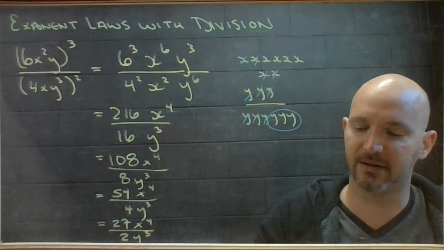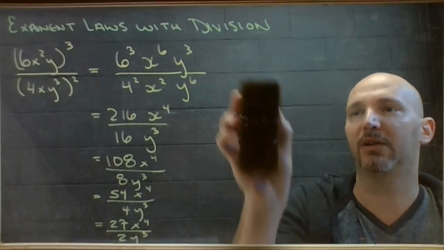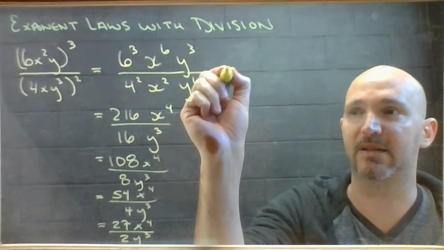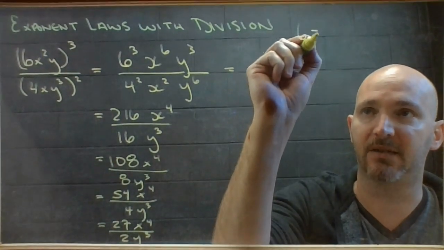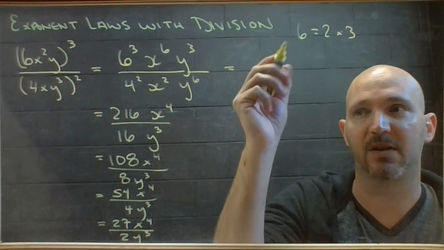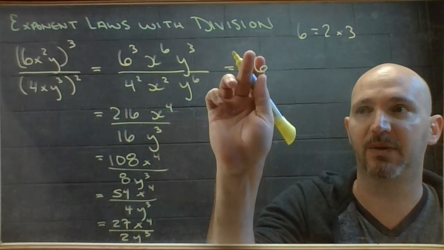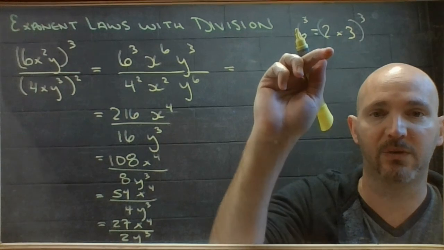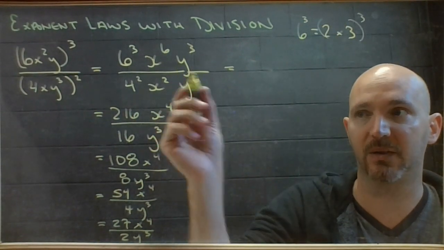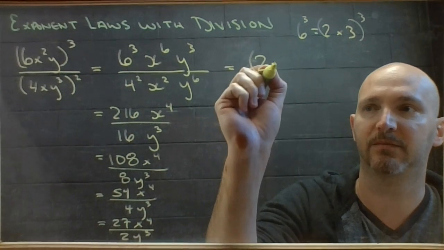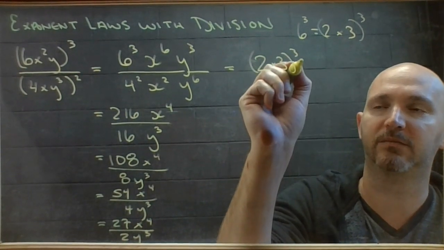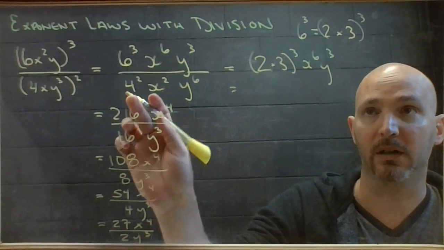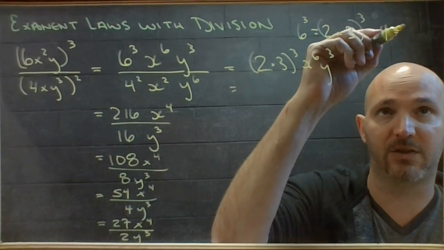So the thing I was saying at the beginning, if you can look at those numbers and you can break them into prime factors. So 6 happens to be 2 times 3. So 6 cubed would be 2 cubed times 3 cubed. So I'm going to do that up here. Four happens to be 2 times 2.